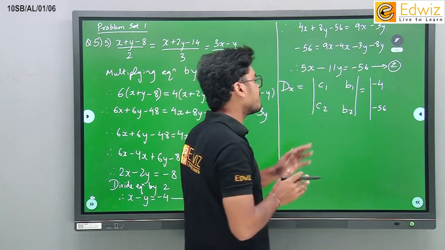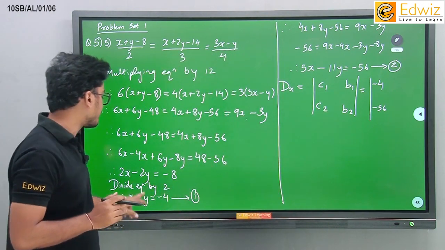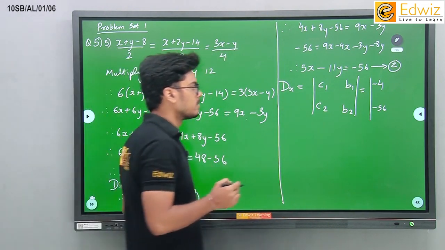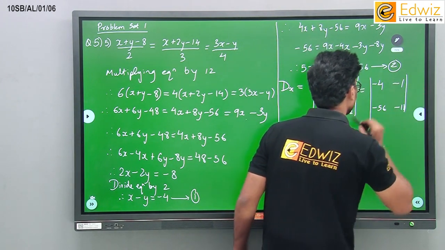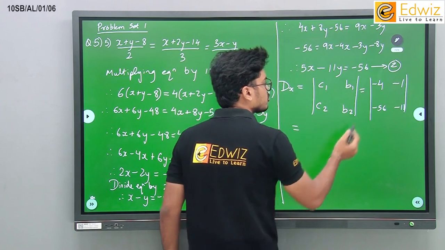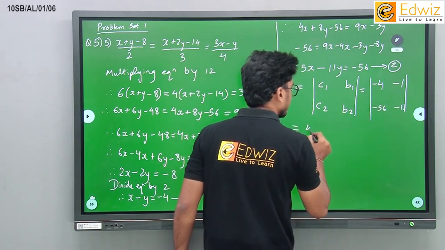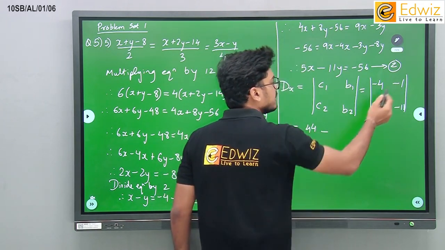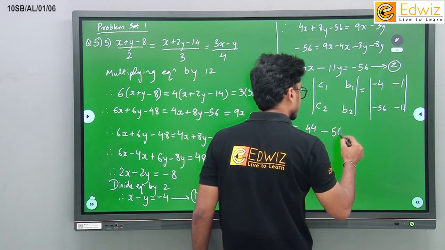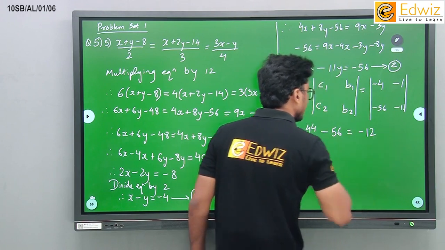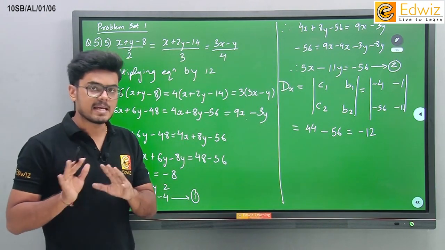Okay, and then we have b1 and b2. The coefficient of y here is minus 1 and here it is minus 11. Let us solve this. So minus 4 into minus 11 is positive 44 minus इन दोनों का multiplication भी positive होगा, that is positive 56. So this is minus 12. Correct? This is the value of dx.